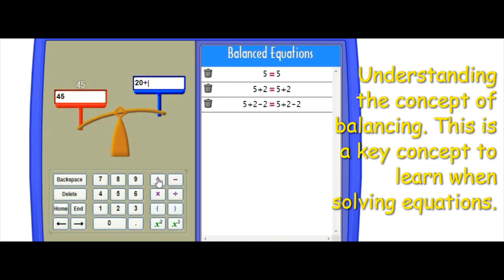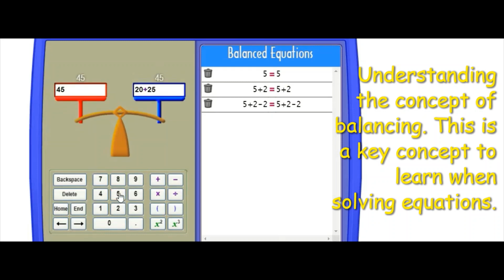And let's see if our scale is going to be balanced. It's going to be 20 plus 25. So you see, my scale is balanced because 45 is on this side and also 45 is on this side. I just write 45 as a sum of 2 numbers on this side of the scale.